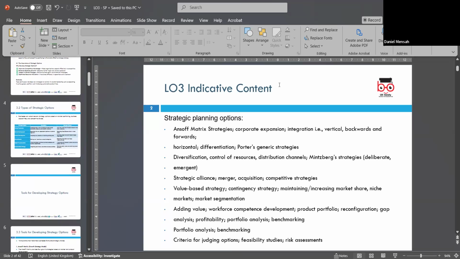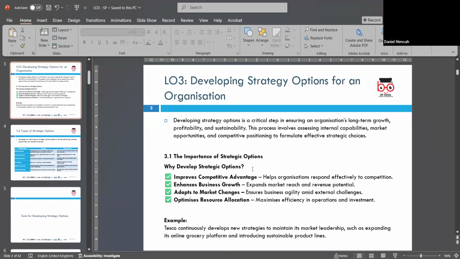So talking about developing strategy options for an organization, it is important to respond effectively to competition. It helps us to enhance our business growth and makes us adaptive and flexible toward market changes, and optimize our resource allocations.